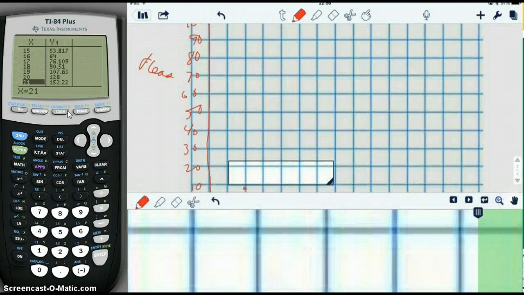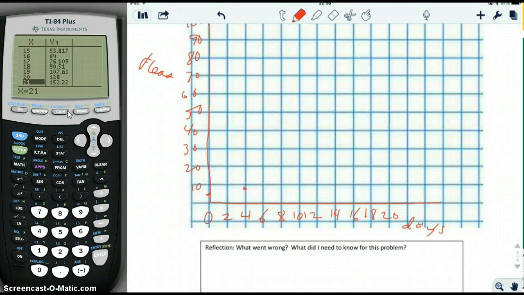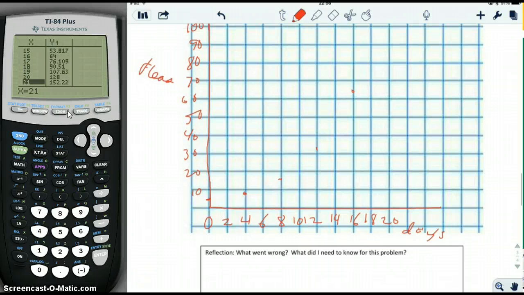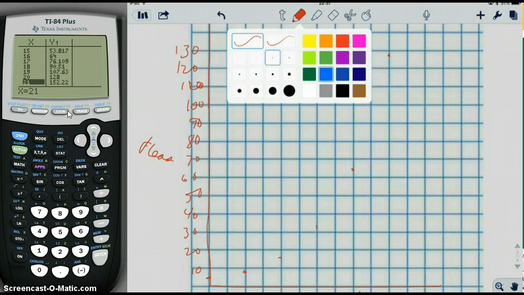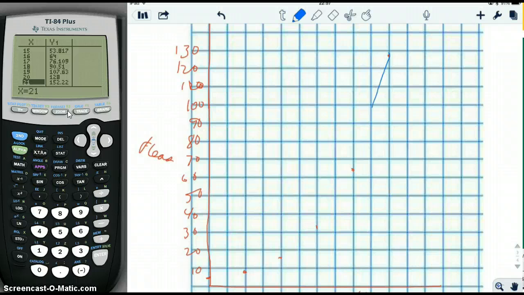8, 16. 12, 32. 16, 64. And 20, 128. Okay, I'm just going to use a different color here to connect the dots.